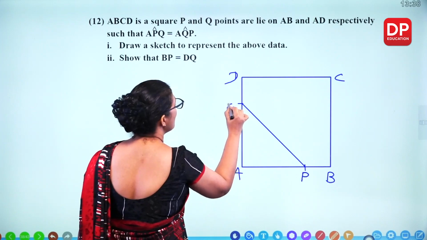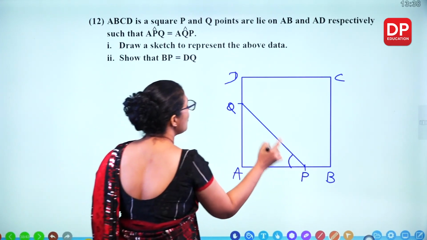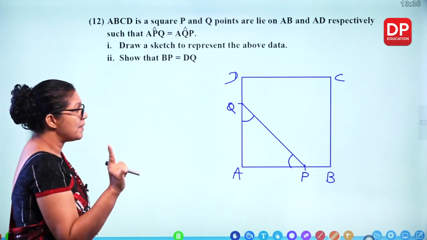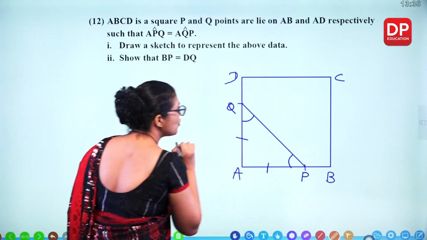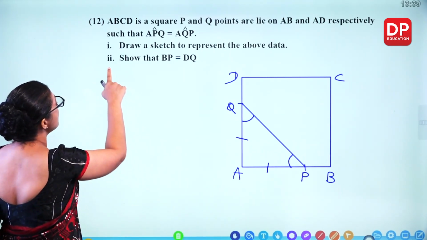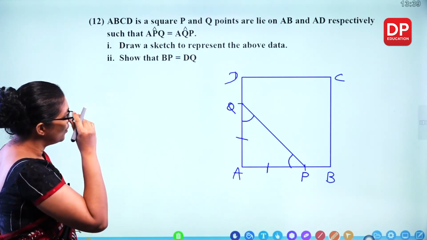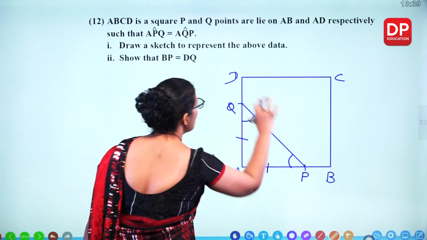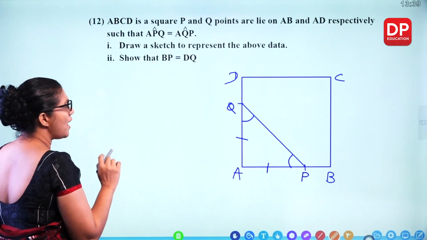P here, Q. APQ angle is equal to AQP angle. So that means this is an isosceles triangle. This length is equal to this length. Then they are asking you to show that BP equals DQ. So we'll try to prove that.